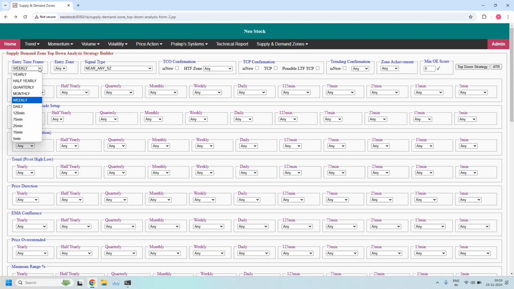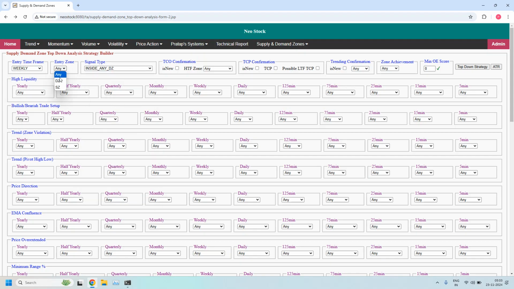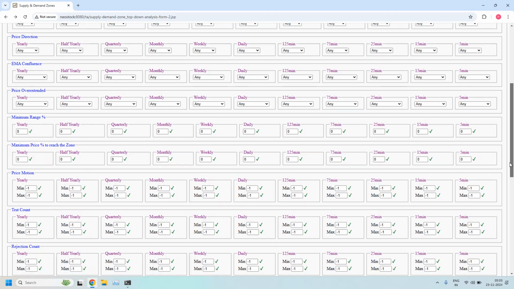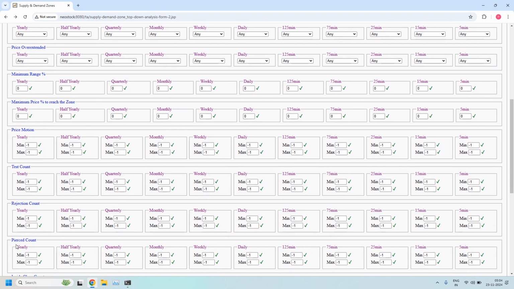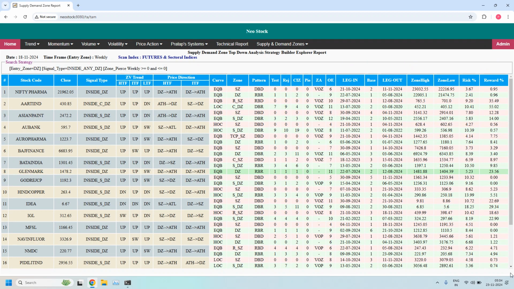Next, weekly time frame. Price closed inside the weekly demand zone and these weekly demand zones should not be pierced. So that's why in the pierced count at weekly time frame, I am setting minimum value 0, maximum value 0, and with this filter, we got a good number of stocks.